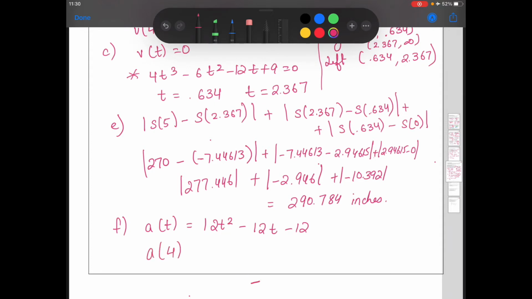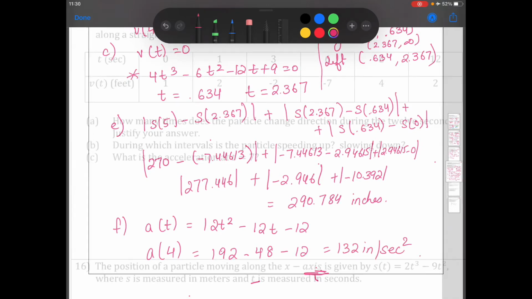And I want to find it at 4, so I'm just going to substitute in 4. 4 squared is 16, 16 times 12 is 192, minus 48, minus 12, which is 132 inches per second squared.